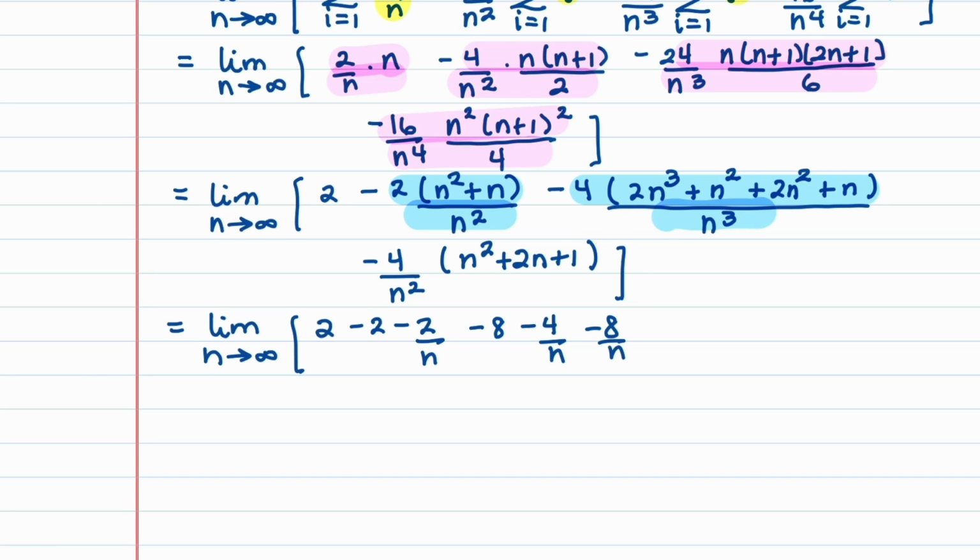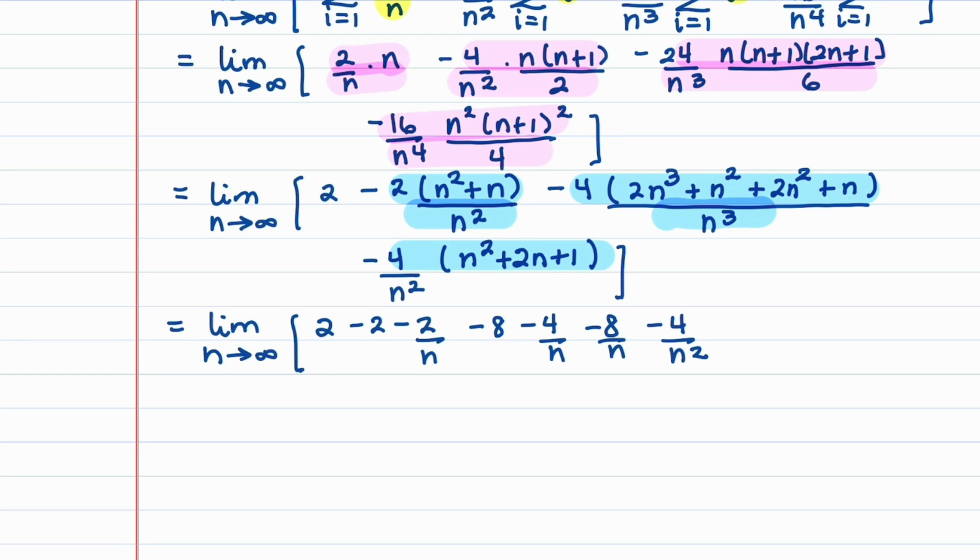And then lastly, we have a minus 4 over n squared. And then we just have this last term. This is minus 4 minus 8n over n squared, so that's minus 8 over n. And then our last term is minus 4 over n squared. Before we take our limit, let's go ahead and let's combine these terms.